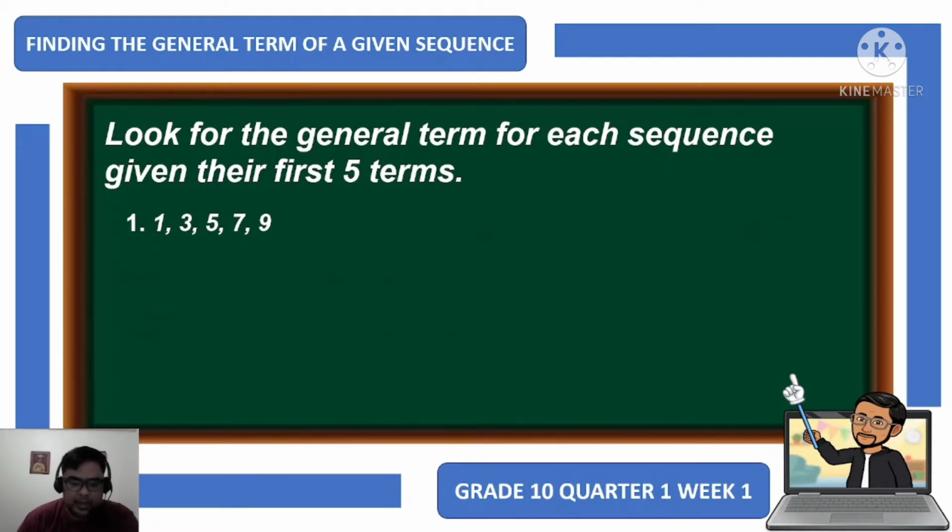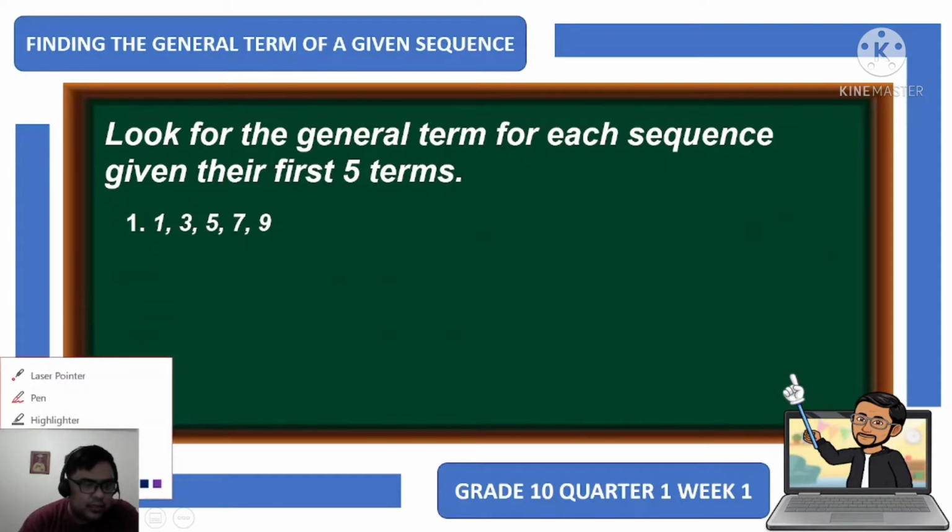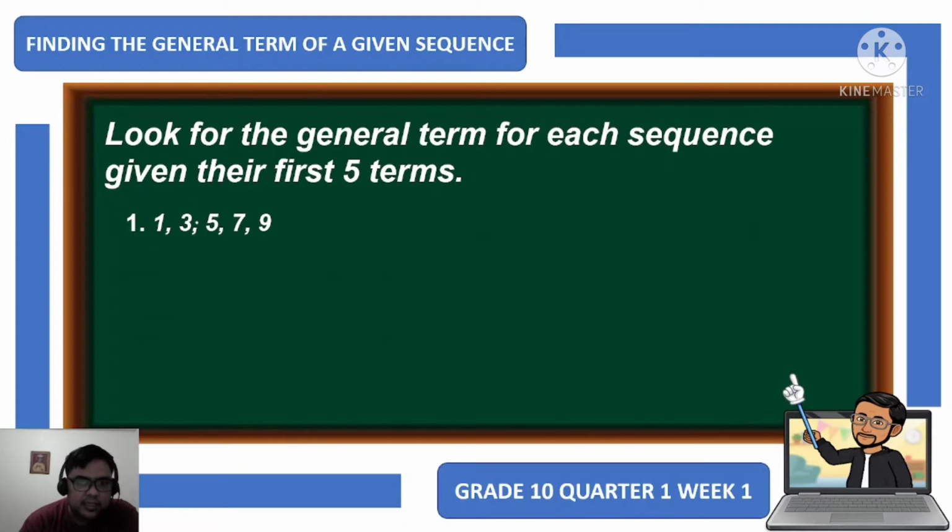So please remember that sa pagkuha ng ating general term, given the first 5 terms, meron tayong form na ginagamit. Okay? Meron tayong linear form. Ganito ang itsura niya: a sub n is equal to an plus b.